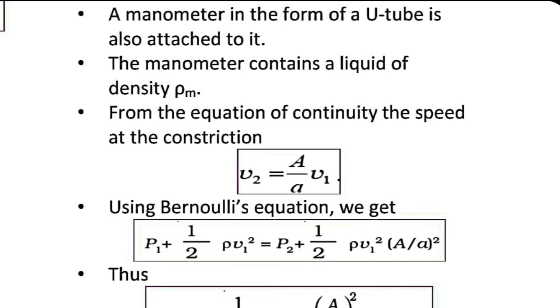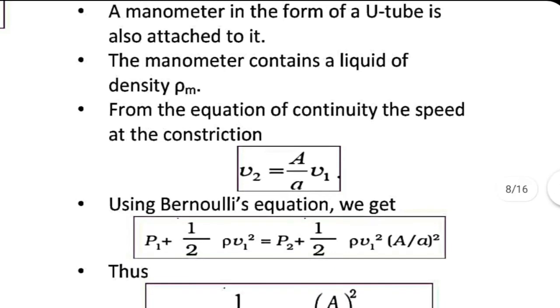Now from the equation of continuity, we can write the expression for the velocity at the constriction, or the speed of flow of the liquid at the constriction, as V2 equal to A V1 by small letter a. Now we can use Bernoulli's equation and note that both the areas, the broad end and the constricted part, are at the same horizontal level.